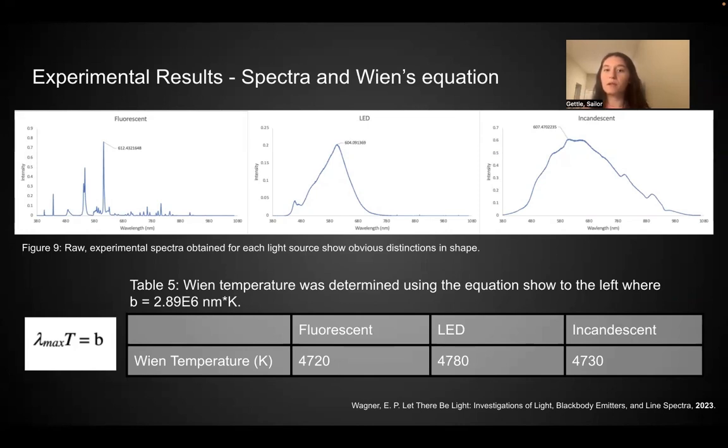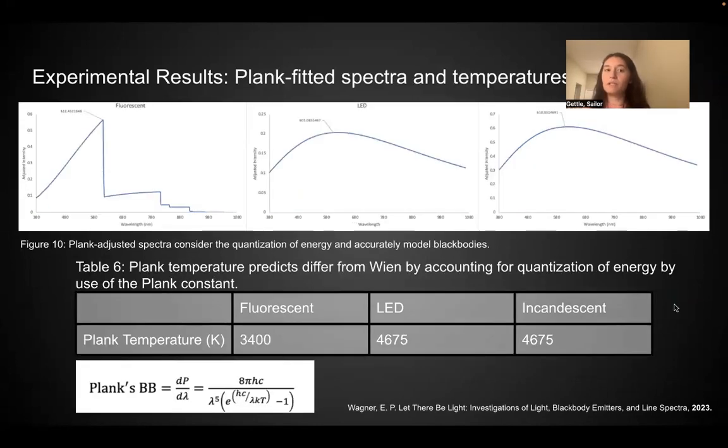The maximum emission wavelengths of each bulb were then used to determine the temperature by the Wien equation shown on the left, in which B is just a constant. The raw spectra were then manipulated to create the Planck-fitted spectra as shown in the figure below.